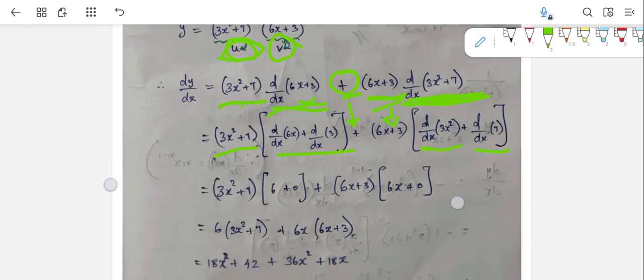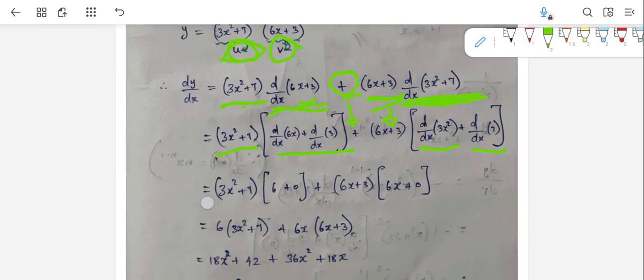So do this differentiation, not sorry, not division, differentiation. Multiply with this, then add this whole thing. You will get it.